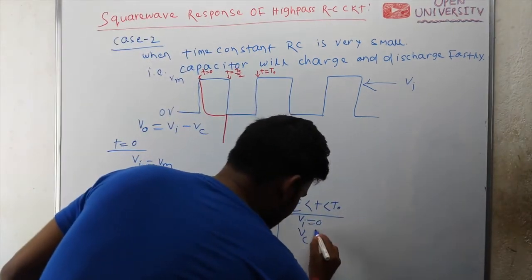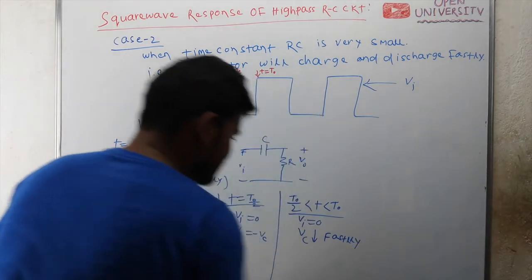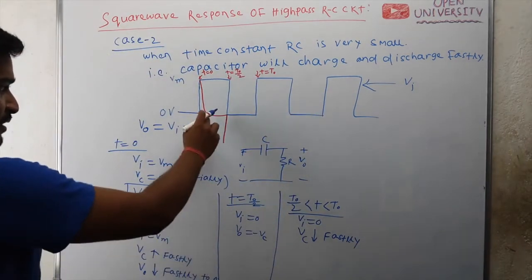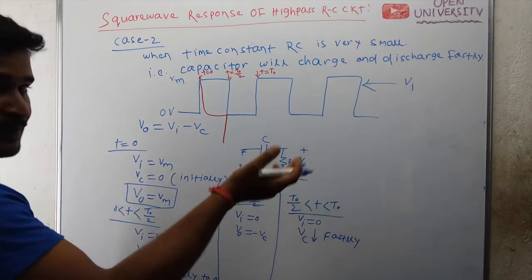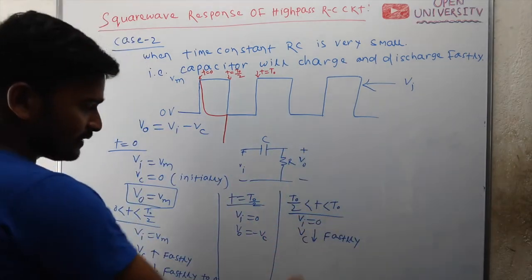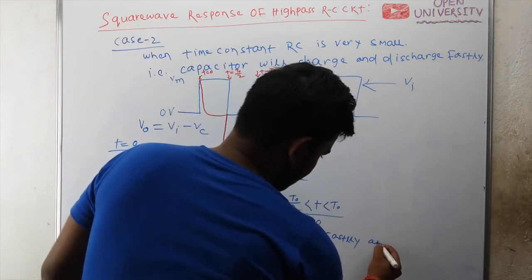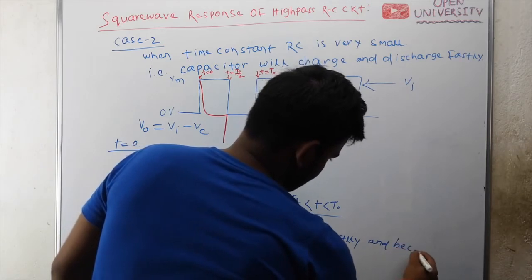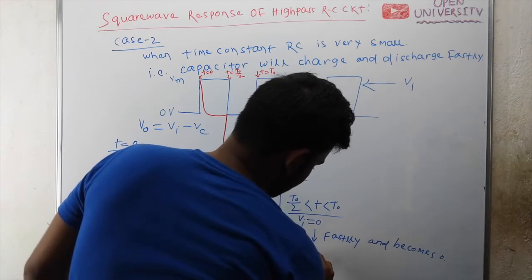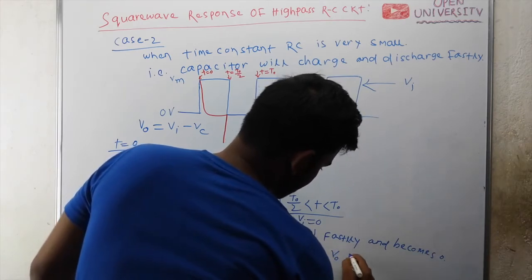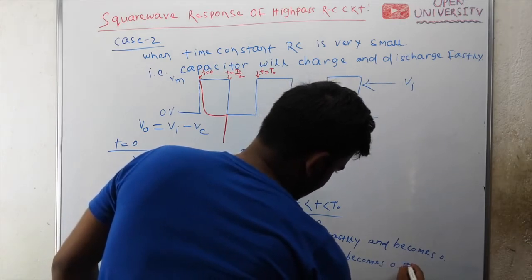So capacitor voltage will decrease fast because it is discharging, and becomes 0. Hence V naught becomes 0 fast.